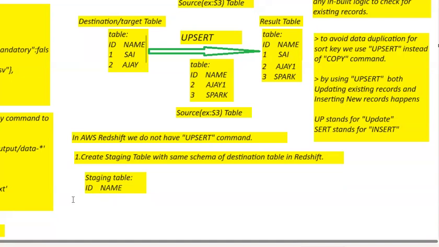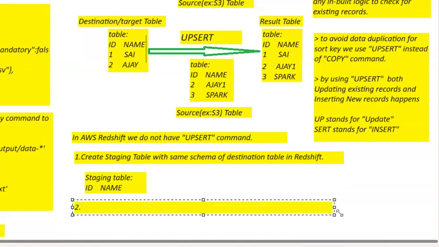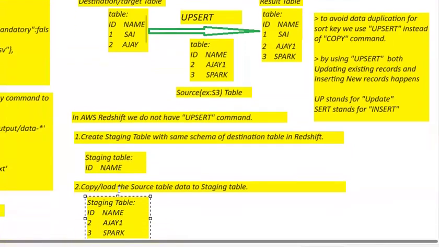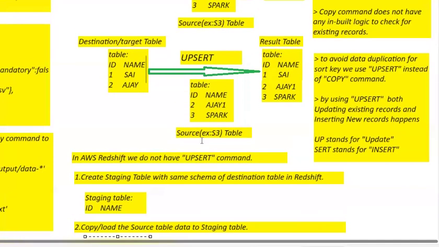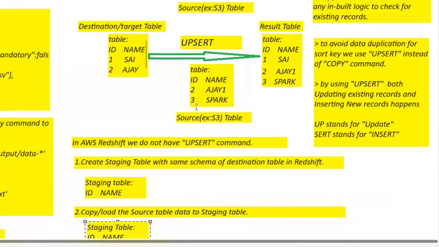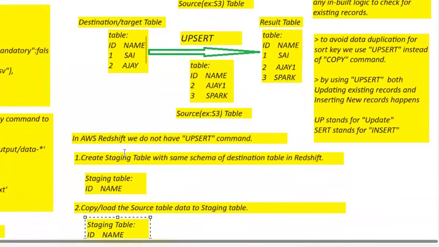Then the next step is we need to copy whatever data is present in the source table, that we need to load, or copy the data into the staging table. Now in the second step of this upsert process, we are copying or loading the source table data to the staging table that we created under our Redshift.